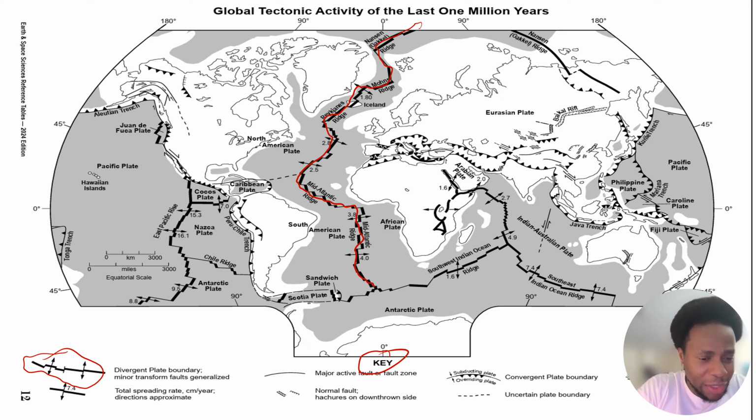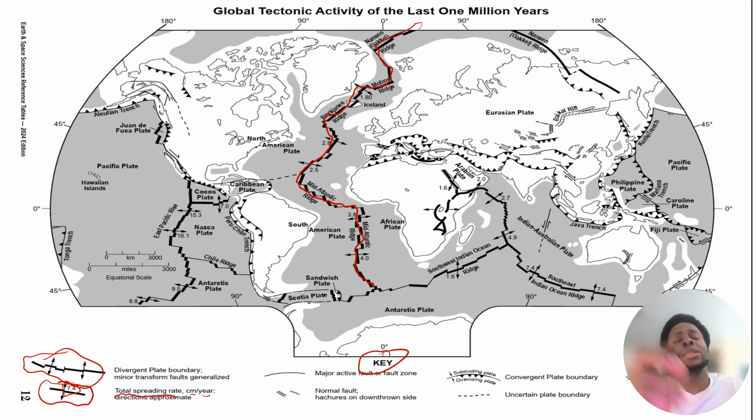Just below that symbol is another symbol again representing a divergent plate boundary, but this time around there is a number attached to it. In this case, it's 7.4, and that represents the total spreading rate in centimeter per year. That is letting you know how fast the two plates are separating from each other in centimeter per year.